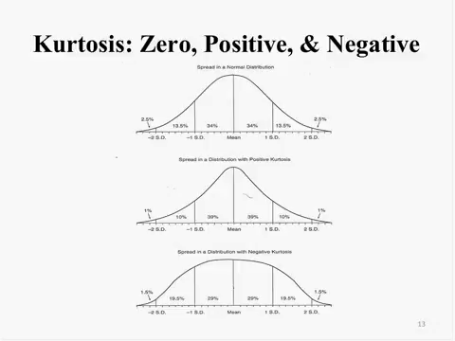And then since it's symmetrical, you're going to have another percentage, 13.5%, to the right of the 34% on the right side, and to the left of the 34% on the left side. And then the remaining 2.5% in the tail on the right side and the left side.